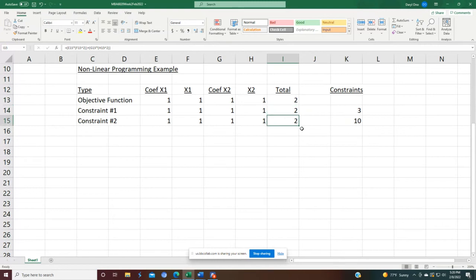This one has to be less than 10. That's what's given to us in the problem.